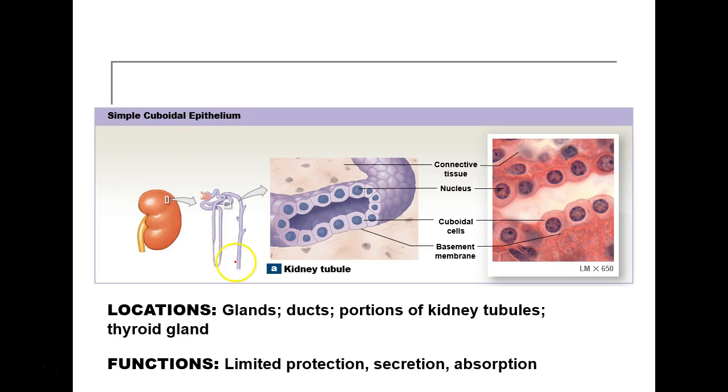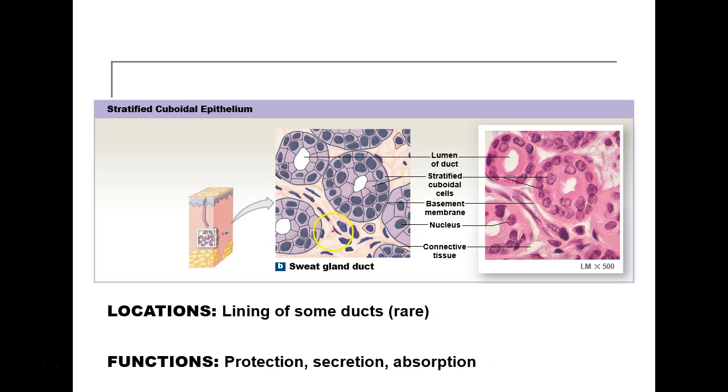Simple cuboidal, kind of specialized. We're going to be in glands, some ducts, and portions of the kidney tubules, and then of course the thyroid gland. The functions are fairly limited, but we do see secretion and absorption. Stratified cuboidal epithelium, very rare, so lining of some ducts, again protection, secretion, and absorption.